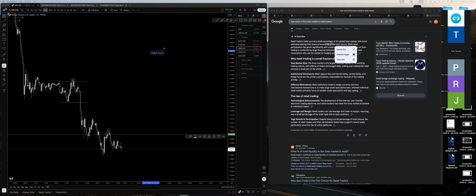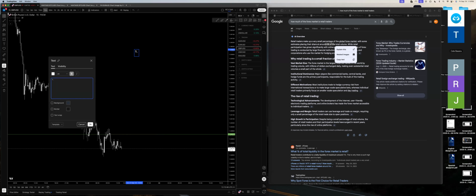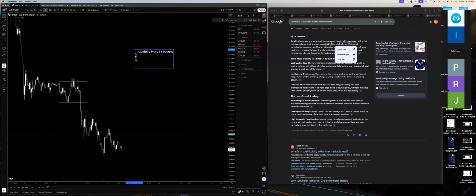Note these down so you can remember them like the back of your hand. If any model, any type of entry scenario, follows at least a couple of these market laws, then more than likely you will be fine over time.